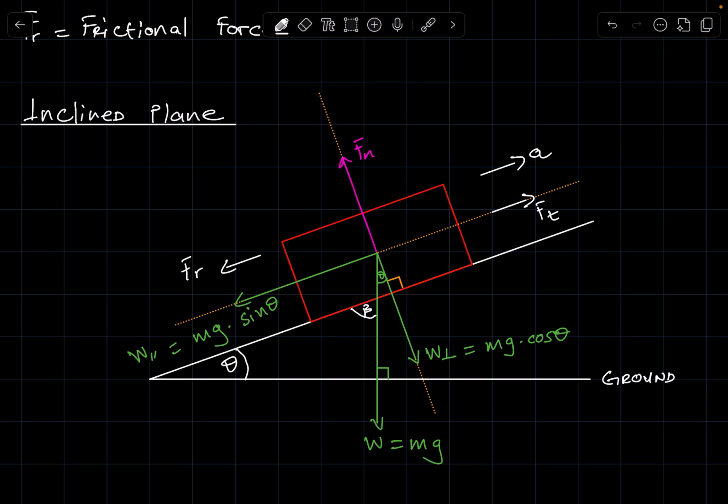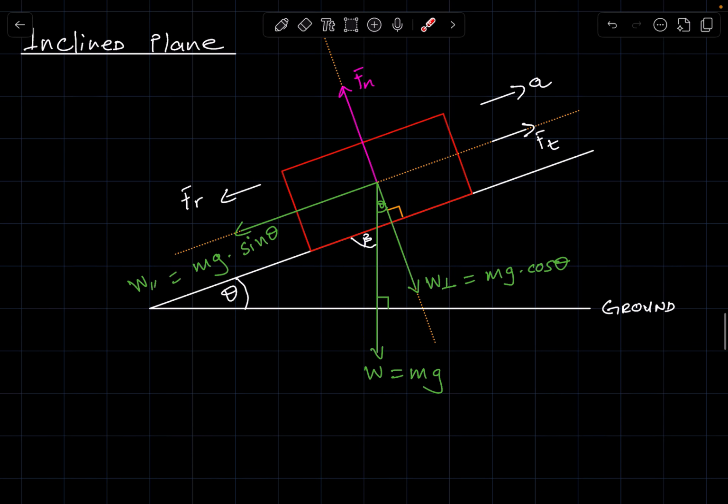So here you have the frictional force. And these are the forces when the force that is being applied is such that the object is moving up the incline. That is how you get these forces.